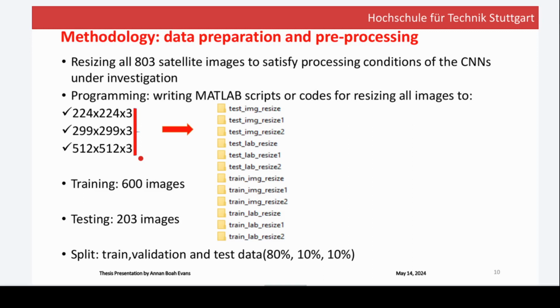Let's go to the training session of the neural networks. I said earlier that the most important thing in the concept of deep learning is the splitting of the data. You could have all available data and unique labels, but if you do not partition your data set very well, you cannot accomplish your goal. Therefore, in my case, having 803 satellite images, I split them using 600 images specifically to train the neural network, and 203 images for testing.